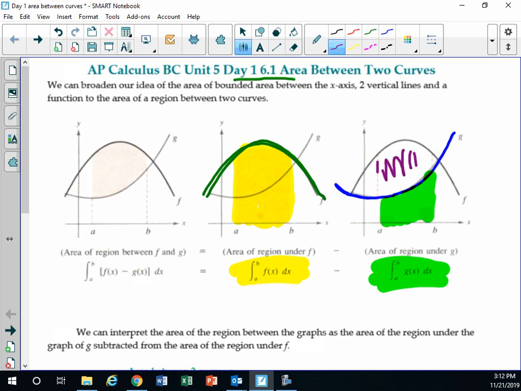Well, wouldn't that be the area of F minus the area of G is going to be what's left over.